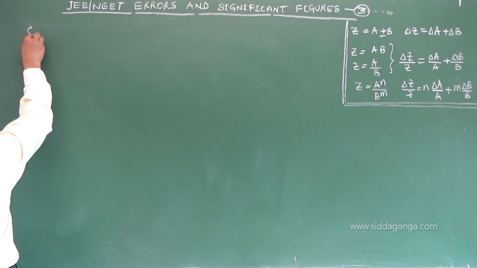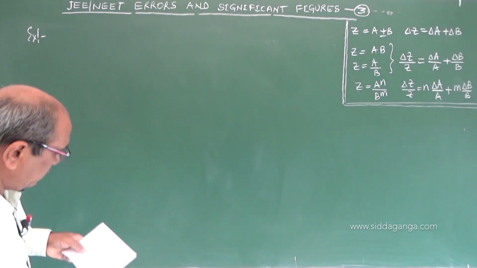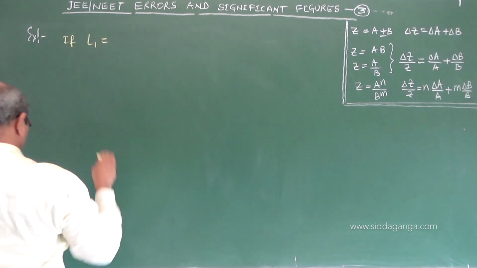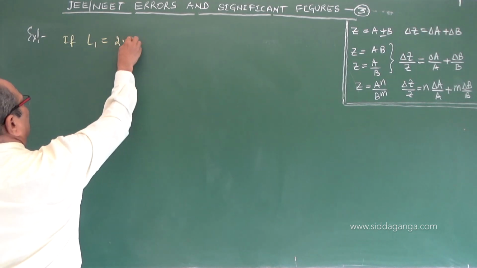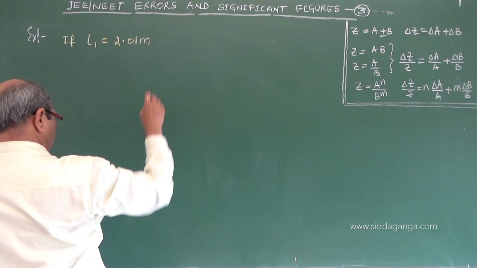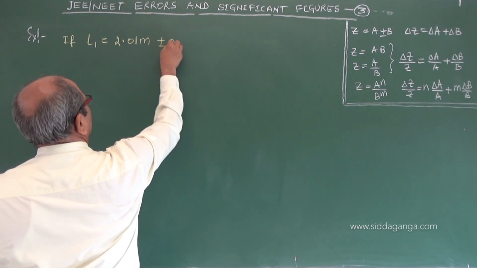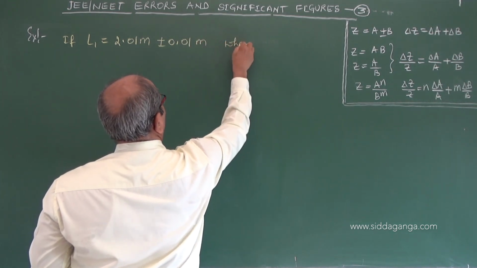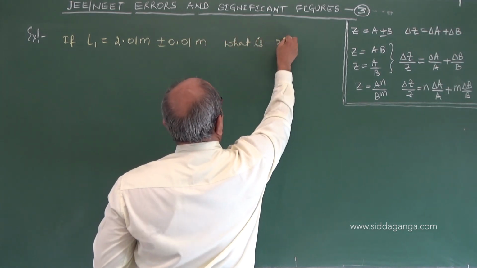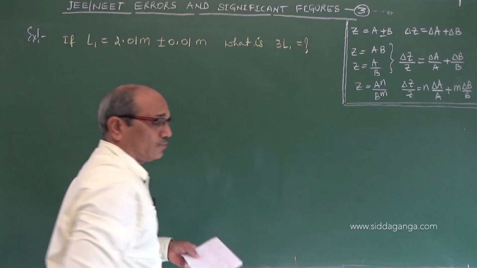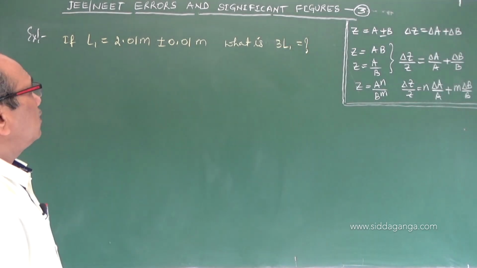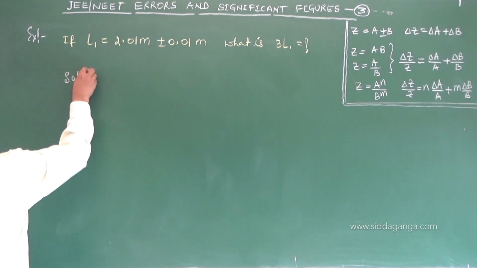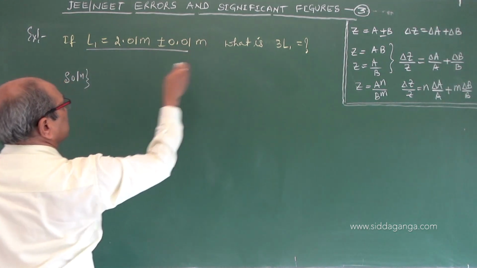Next example, if L1 equal to 2.01 meter plus or minus 0.01 meter, what is 3L1? What happens in this? See, you are given L, asking 3L.